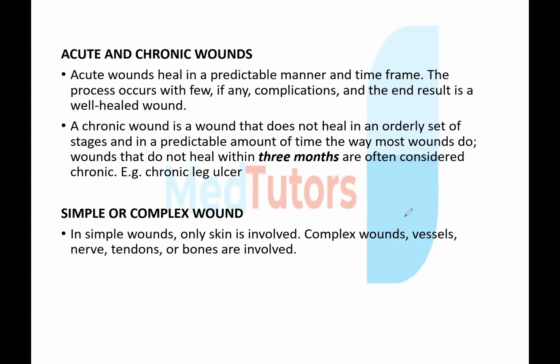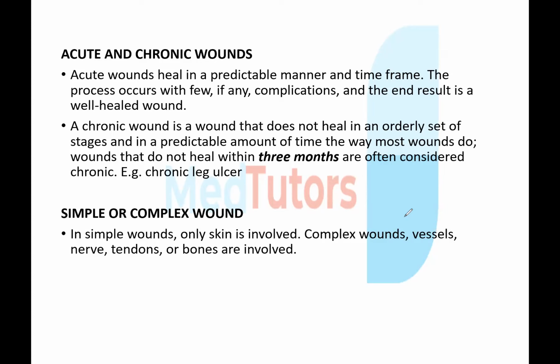Wounds can also be classified as acute or chronic wound. You see, acute wounds heal in a predictable manner and time frame. They follow the normal sequence of wound healing, and they are healed in an expected time frame.